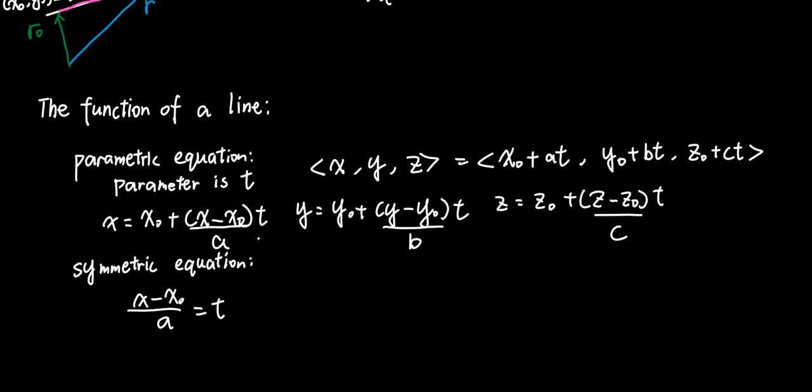So we can simply write this as (x minus x0) over a equals (y minus y0) over b equals (z minus z0) over c. In this case, the denominators are the x, y, z components of the direction vector.